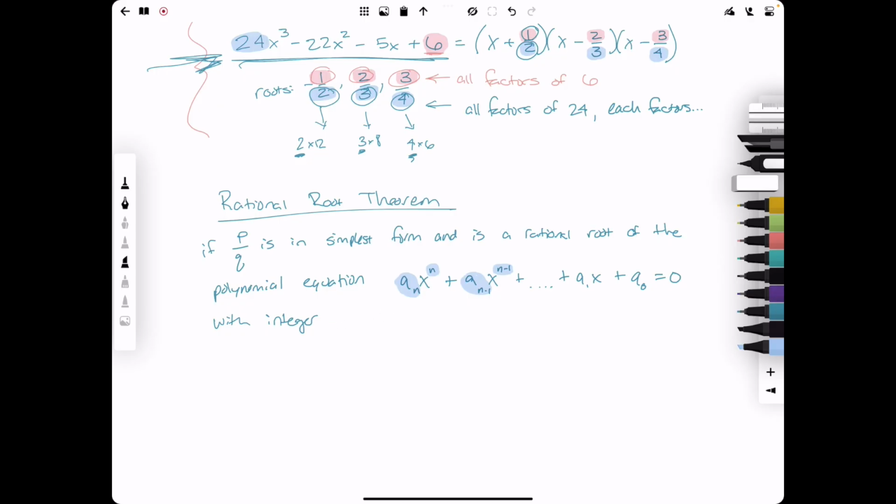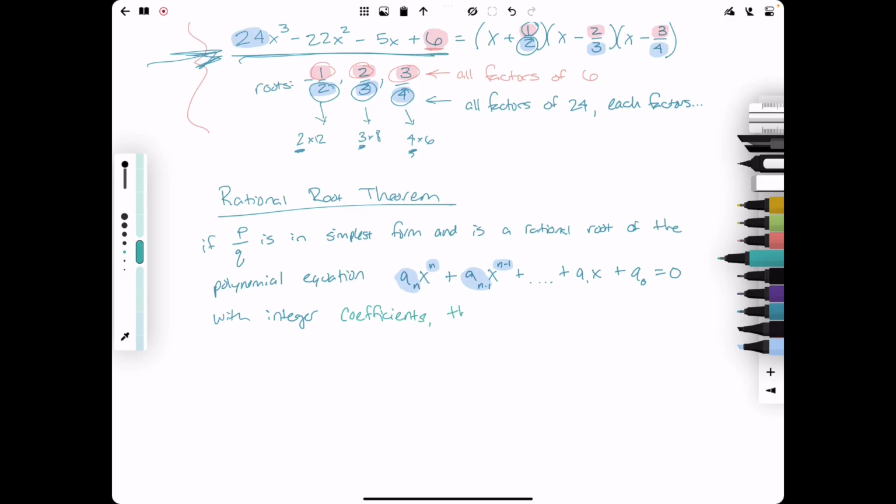I'm going to write that so you can read it. Then P must be a factor of a sub 0, the last one, the constant.